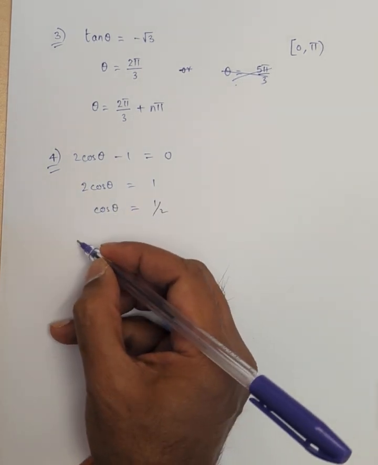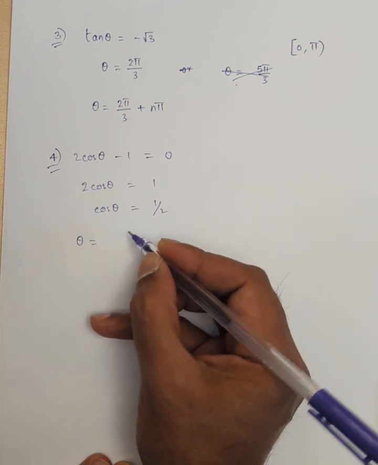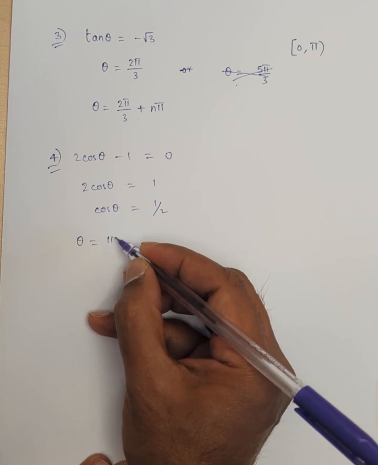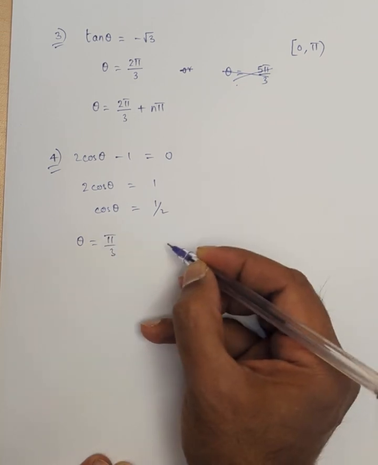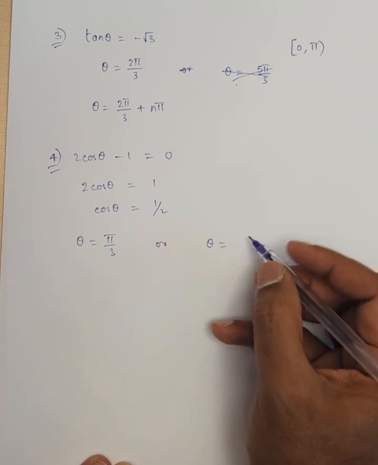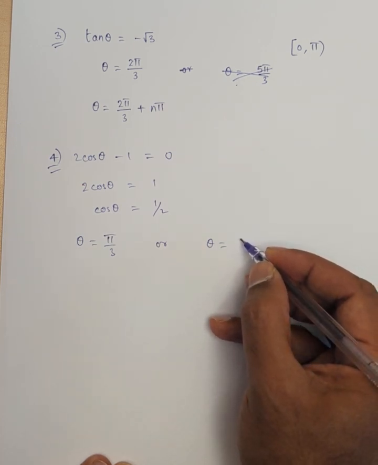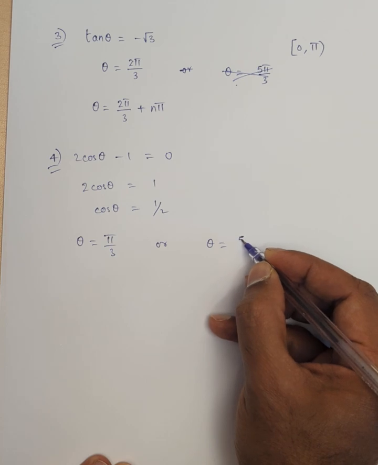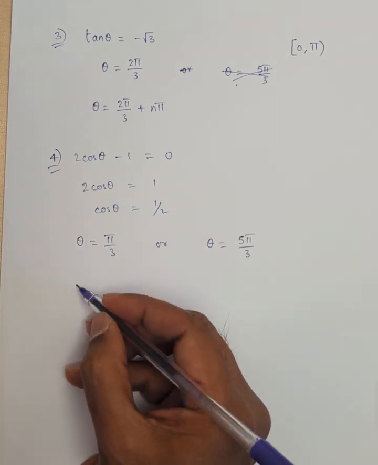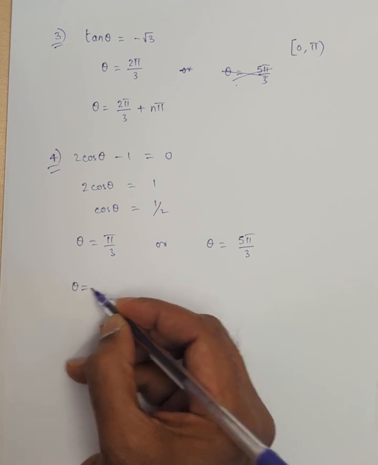And now you can say that cosine theta is half at pi over 3, or in the fourth quadrant, it's at 5 pi over 3. So now I can write down my solutions.